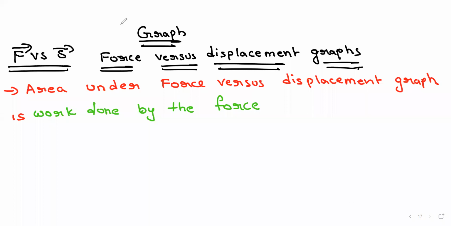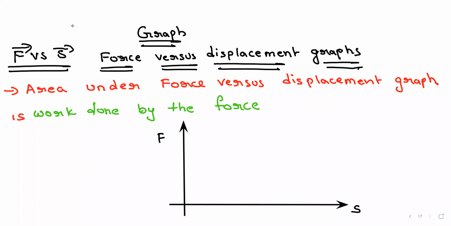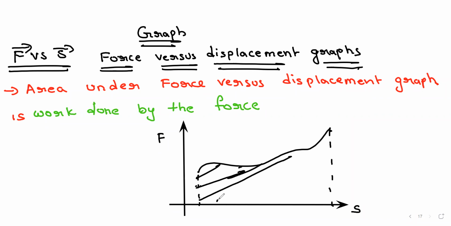Now look here. The graph looks like this. They'll give displacement on the x-axis and force on the y-axis. So they'll give you some graph like this, and this is the area under the graph.